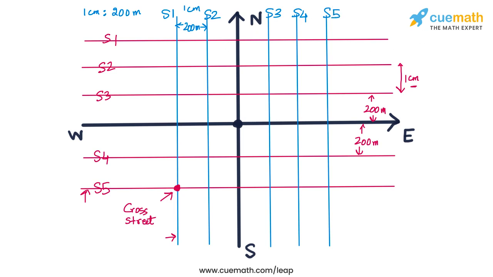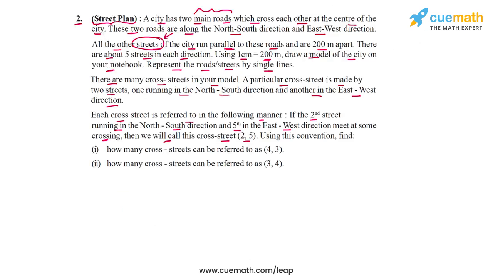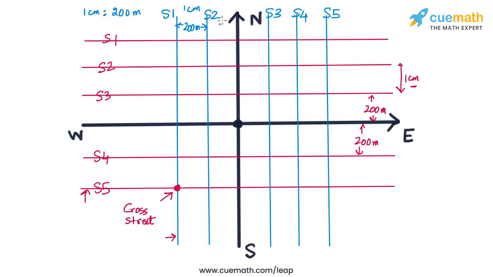So we have now numbered all the streets, and the problem basically says if the second street in the north-south direction and the fifth in the east-west direction meet at some crossing, we will call this cross street 2, 5. So second street in the north-south direction is this street, and fifth street in the east-west direction is this street, and these two streets intersect at this point here. So the problem says we will label this as 2, 5.